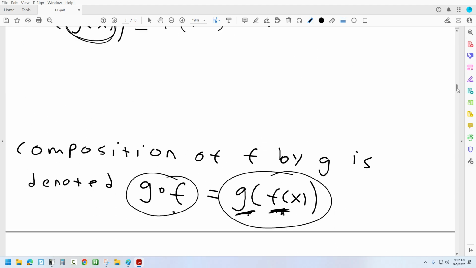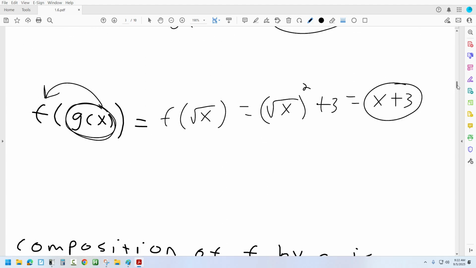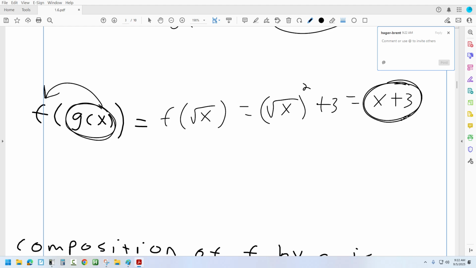Now, next, you're going to look at the final answer. This is a final answer that we got. You look at that and you say, okay, are there any values that I need to eliminate from that function? And in this case, the answer is no. There's no fraction here. There's no square root here anymore.